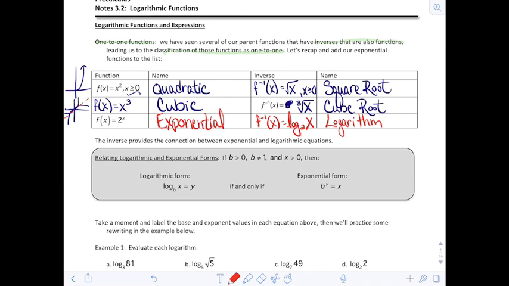So logarithmic form, we're going to start with log base b of x equaling y. If we want to write this as an equivalent exponential, not the inverse of it, but the equivalent of it, this little trick that I teach is the scorpion tail. You may remember it from a past teacher, or if you had me for Algebra 2. We start at the base. So there's the base of our log. We start at the base with our pencil tip and we head towards the equal sign, looping around until we get to the other side, making a scorpion tail.